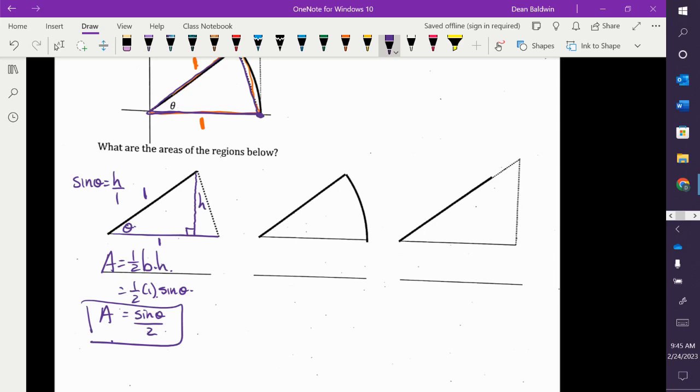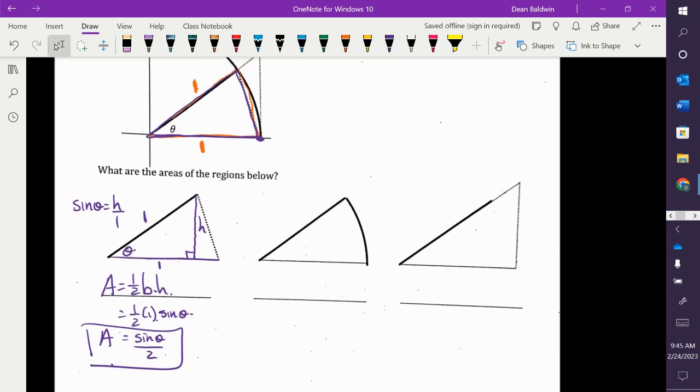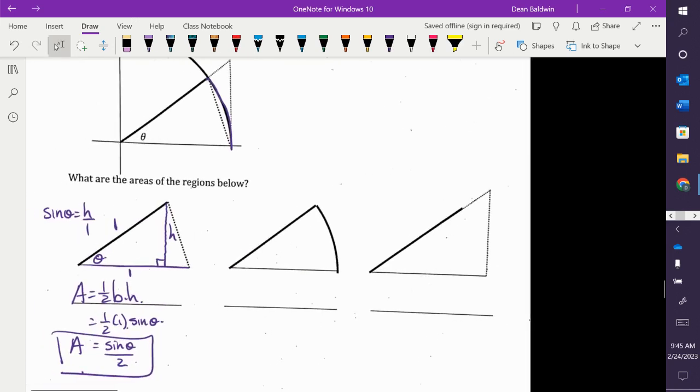Now the next one, what we do is now we're going to use the curve here. Okay, now we're going to use the curve here.